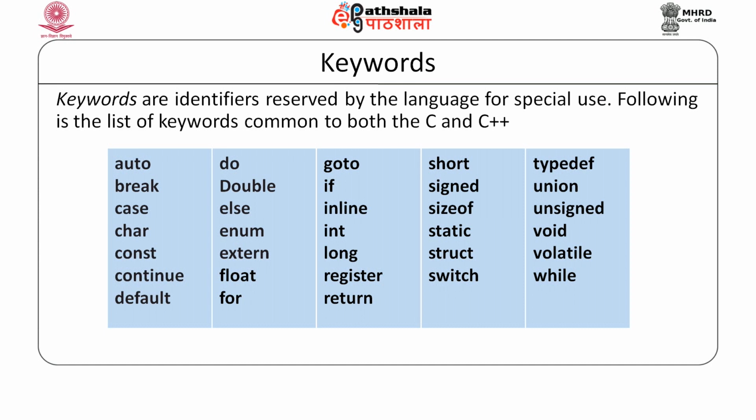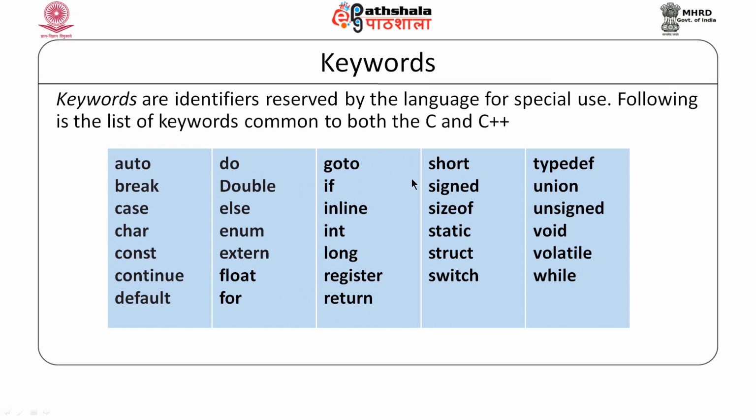Some of the keywords are borrowed as they are from C, because you know that C++ actually is a superset of C. Whatever is valid in C, and there is a backward compatibility to C, therefore, whatever is valid in C is also valid in C++. So, this is the set of keywords that is common in both C and C++.